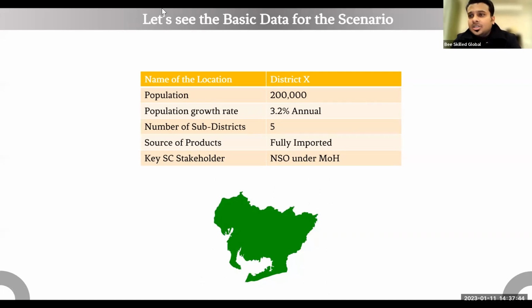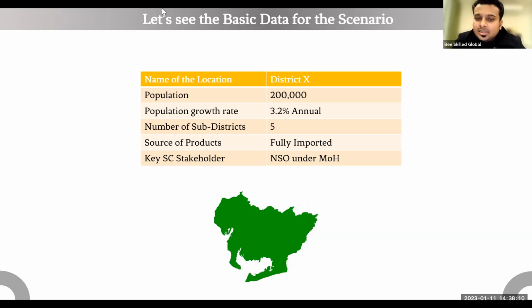So we have 4 scenarios in total. The first scenario is preparing forecasts using average monthly consumption calculations, a very basic extrapolation of trend using AMC. The second one is using services data. The third one is a bit complicated, using morbidity or surveillance data for malaria.